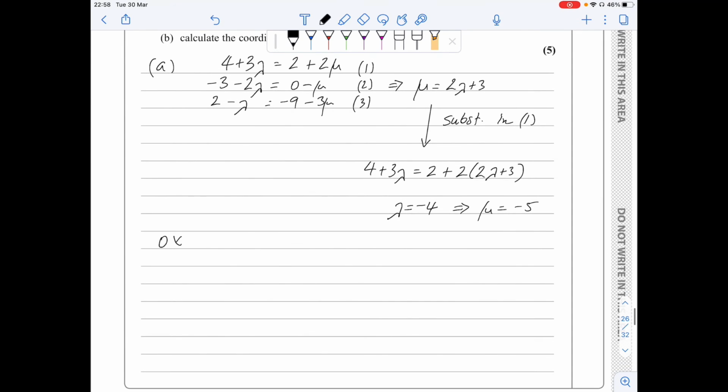Hence, OX, the position vector of X, is equal to (4, -3, 2) plus -4, this is the value of lambda, times (3, -2, -1), and this is equal to (-8, 5, 6), which is the position vector of X.